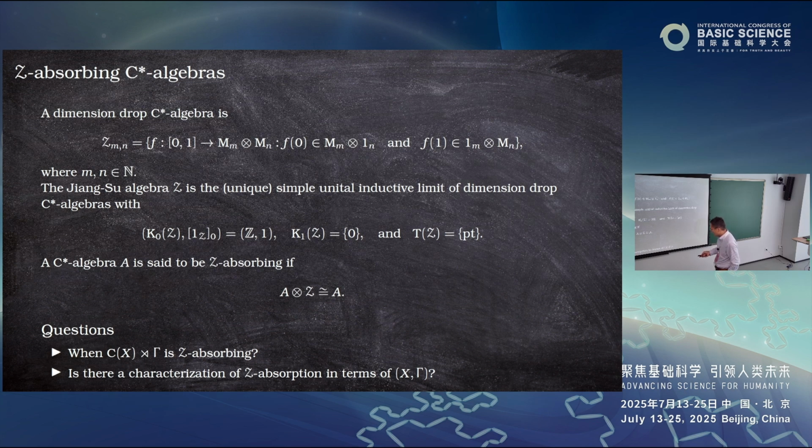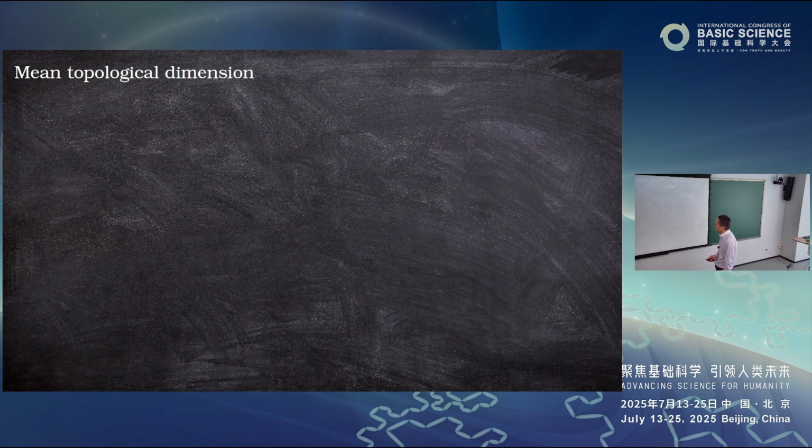So now let's try to answer these two questions, or in particular the second question. So here is the C-star algebra regularity property, and then what is the corresponding dynamical system property? Turns out that the property we want to consider is the mean topological dimension.